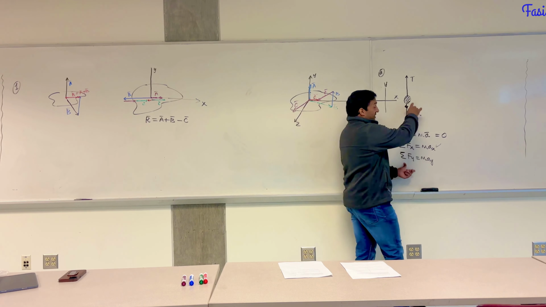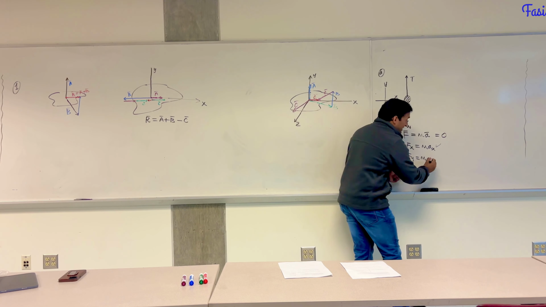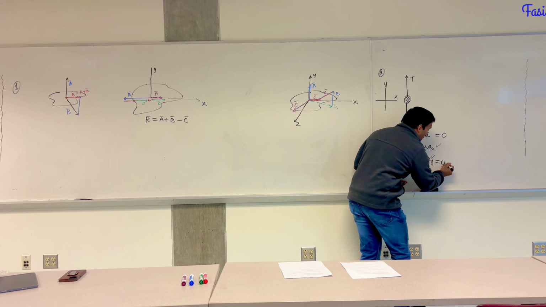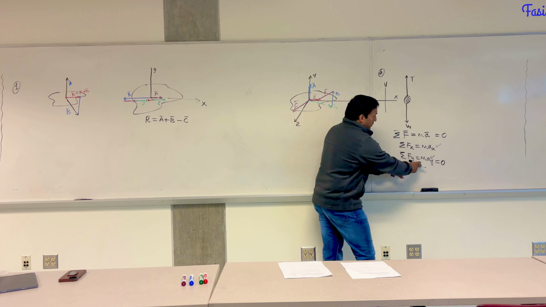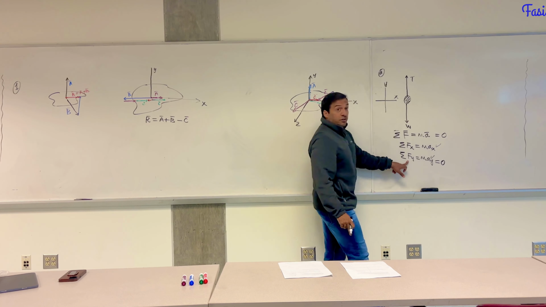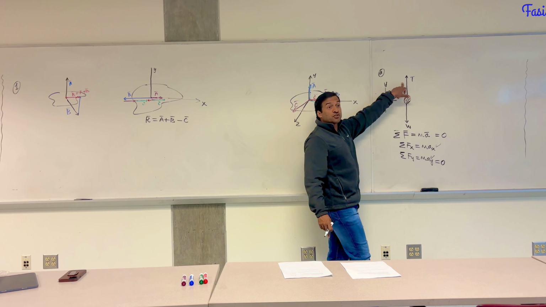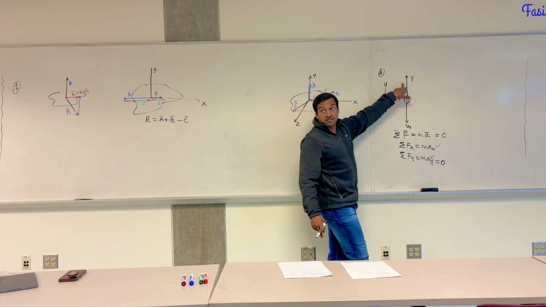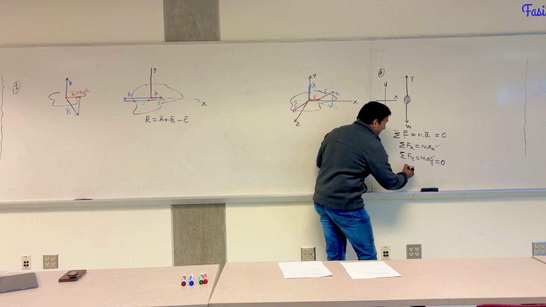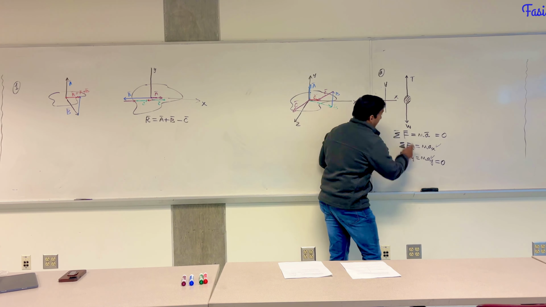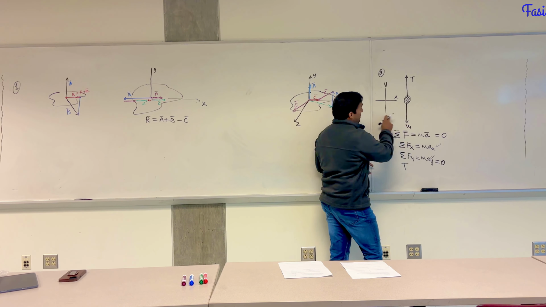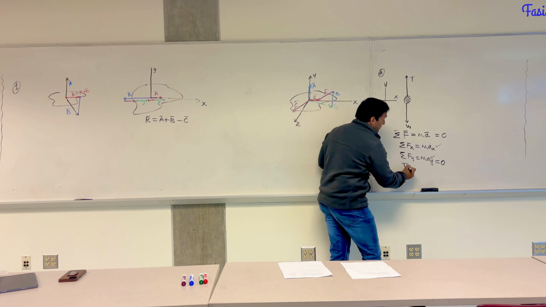If the system has zero acceleration, it means ay equals 0, so this equation gives you this equation. Now for the forces, the tension force is towards the positive y-axis, so we take T to be positive. Weight is in the downward direction, that's negative y, so it should be negative.